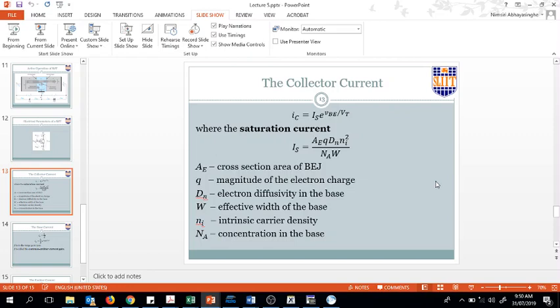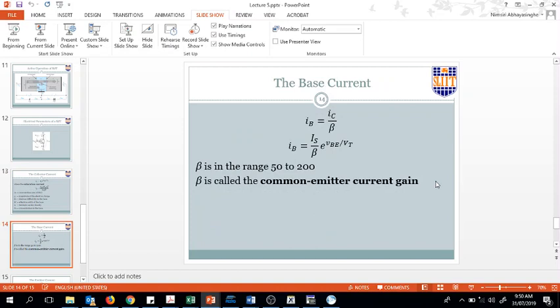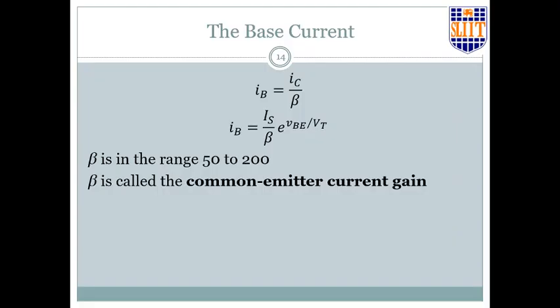So in this case they have taken IB as capital Is over beta VBE e to the power VBE over Vt. I started from a different point of view; they have started from a different point of view.